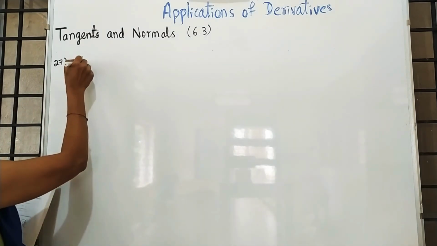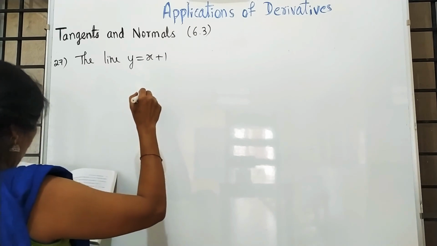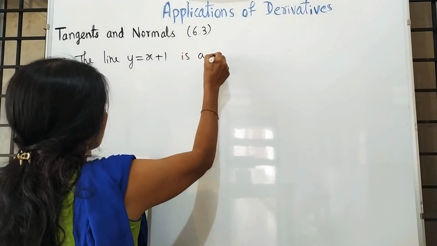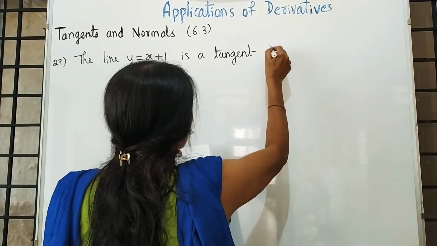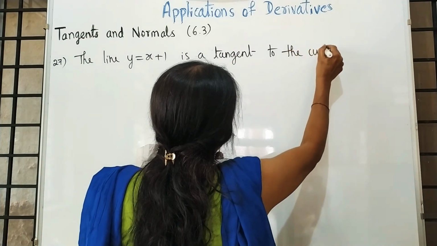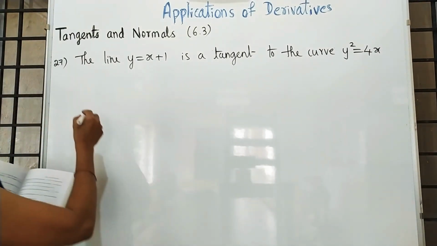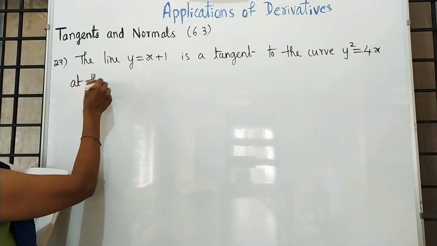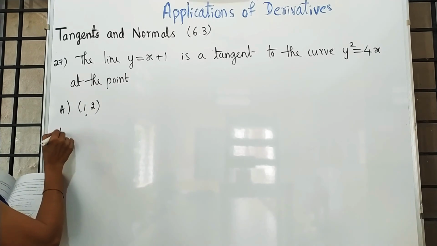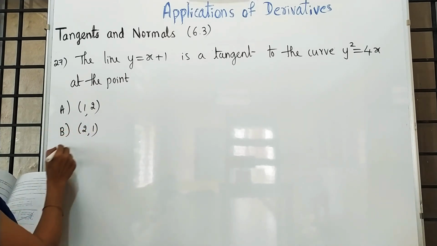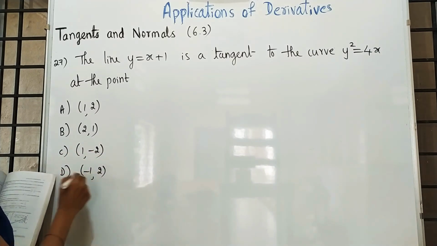The line y is equal to x plus 1 is a tangent to the curve y square is equal to 4x at the point: first one 1 comma 2, next 2 comma 1, next 1 comma minus 2, next minus 1 comma 2.